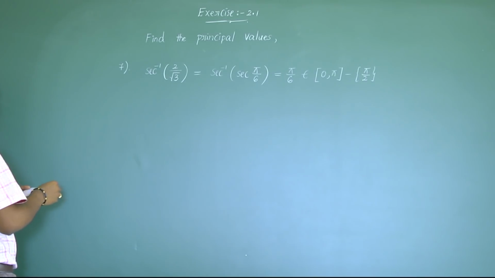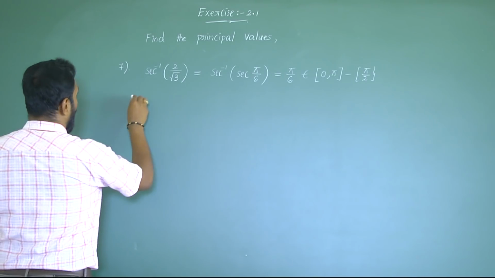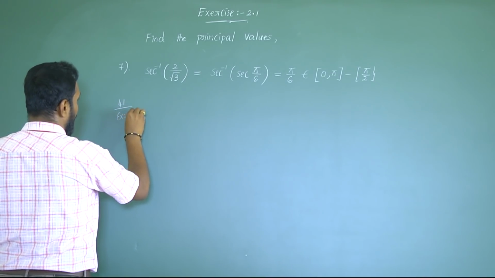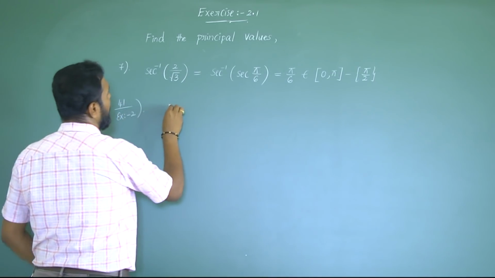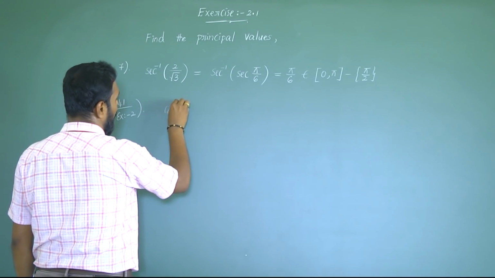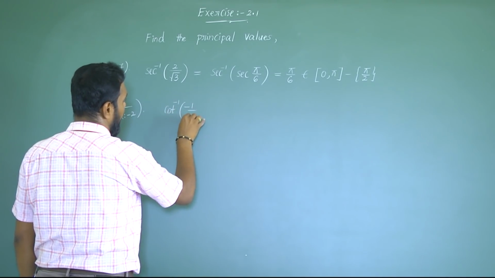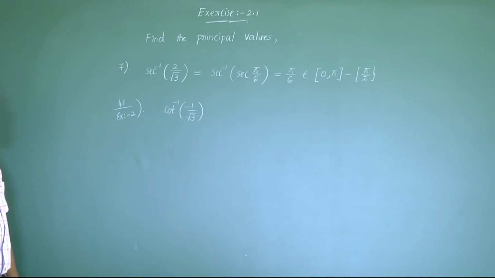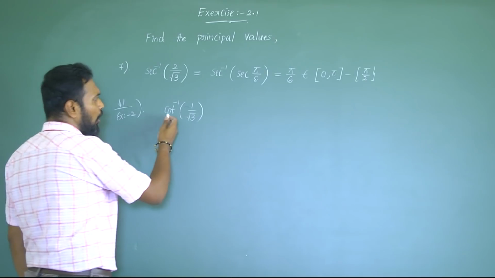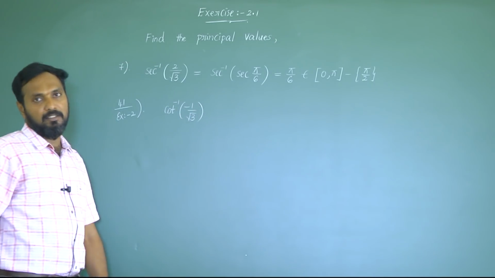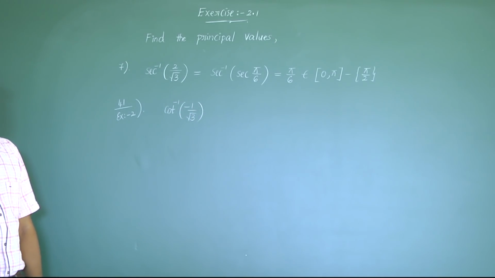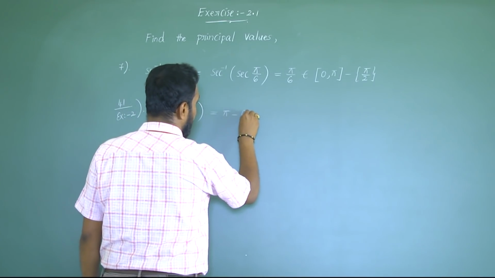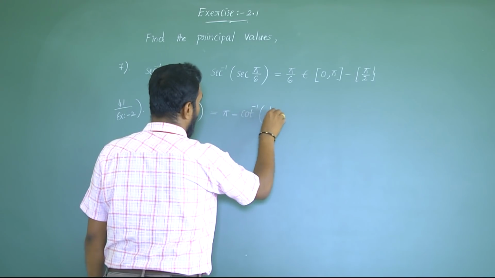Next, on page number 41, example 2 problem, it is the same: principal value, I have to calculate cot inverse of minus 1 by root 3. This is the cot inverse of minus x form. Cot inverse of minus x formula is pi minus cot inverse x, so that it is pi minus cot inverse 1 by root 3.